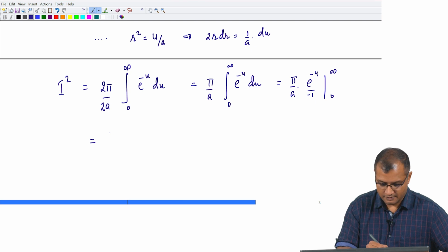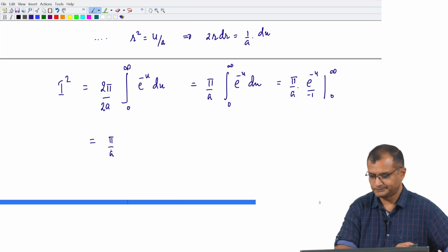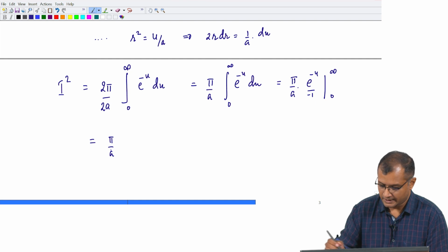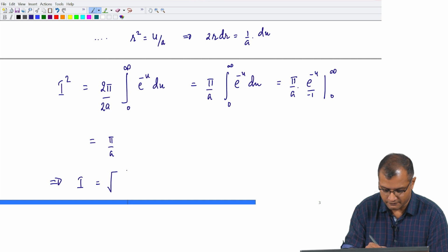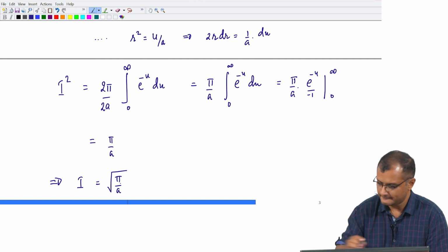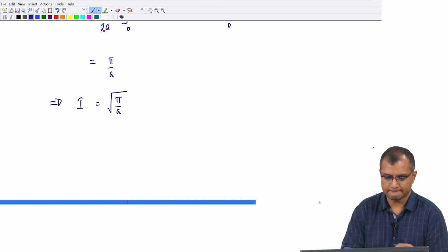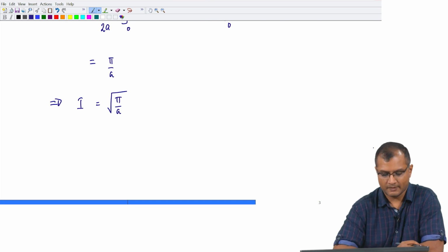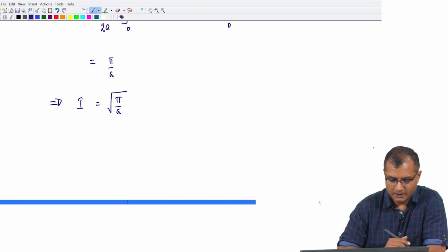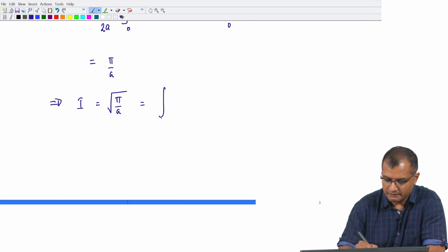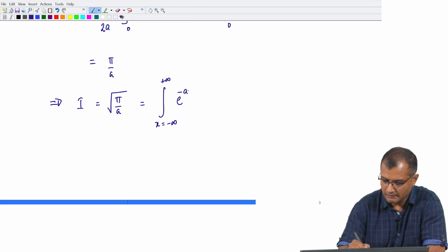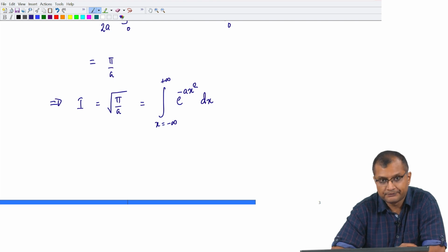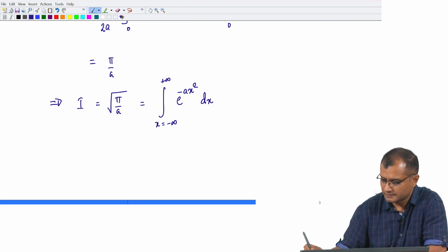Okay. And then I can write down I as square root of pi by a. Okay. So, this is the Gaussian integral that we were chasing. That is the result of the Gaussian integral.